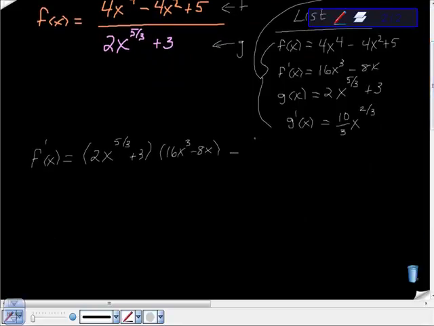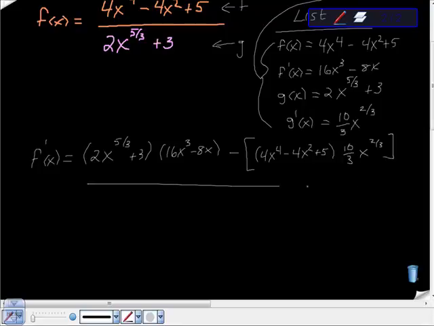So that subtraction side is this one. So minus, right, the first function, which happened to be 4x to the fourth minus 4x squared plus 5, times the derivative of the bottom function. And the derivative of the bottom function is 10/3 x to the 2/3 power, right? Whole thing over the bottom function squared.